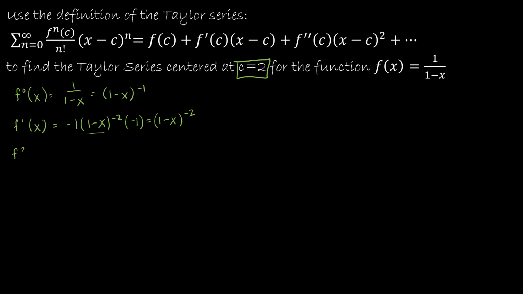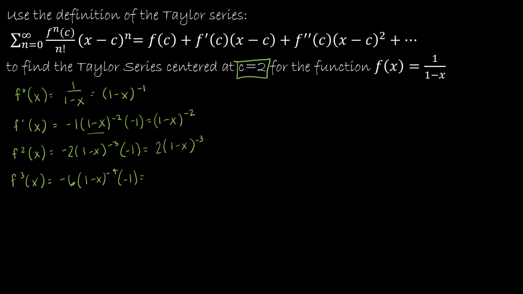Then the second derivative, using that same strategy, would be negative 2, 1 minus x to the negative 3 times negative 1, or positive 2, and then 1 minus x to the negative 3. And then the third derivative would again be negative 6, 1 minus x to the negative 4th times negative 1, or positive 6, 1 minus x to the negative 4th.